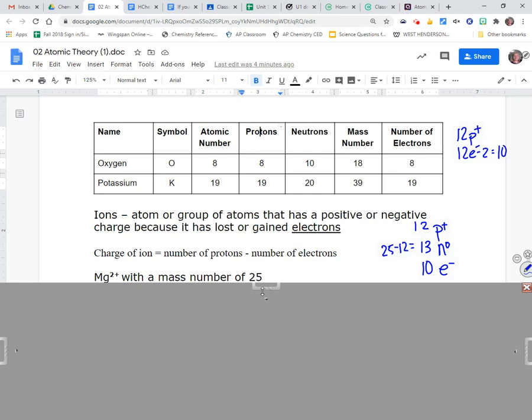If you look back at it and recheck, I have 2 more positive things than I have negative things, so I end up with a 2 positive charge. Okay, so that's dealing with an ion, gaining or losing those electrons, which are on the outside of the atom.